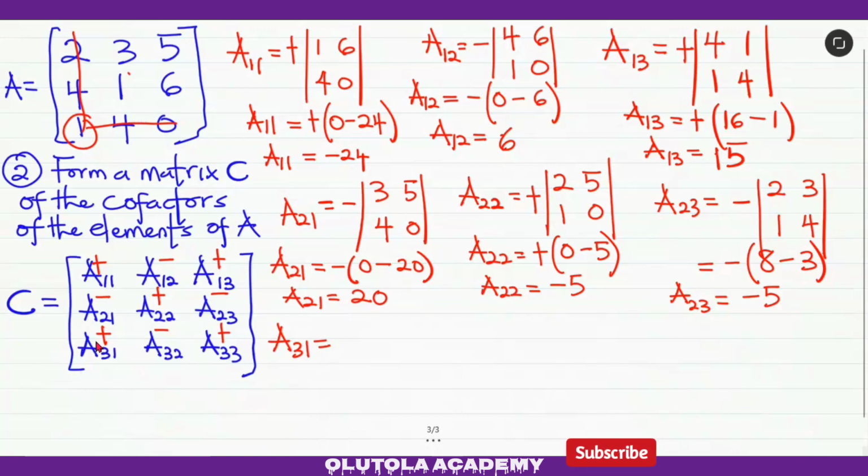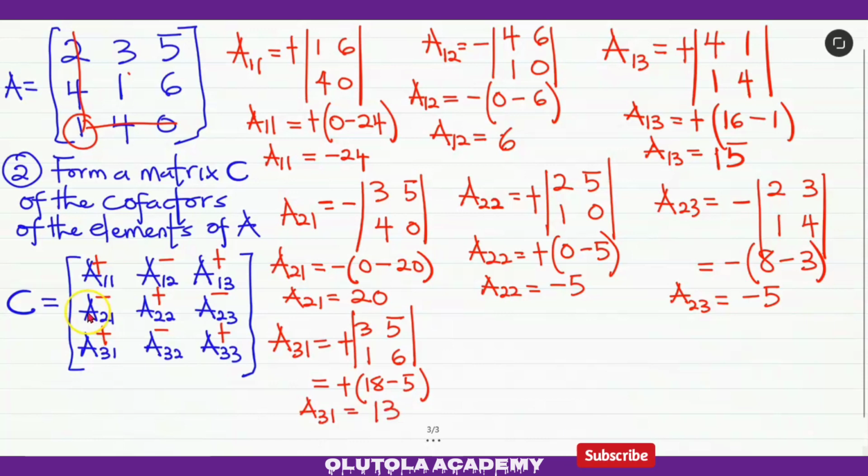So now I will have positive 3 5 1 6, and that will give us positive 18 minus 5. That will give us A31 to be 13. That's positive 13. 3 times 6 is 18, 1 times 5 is 5.